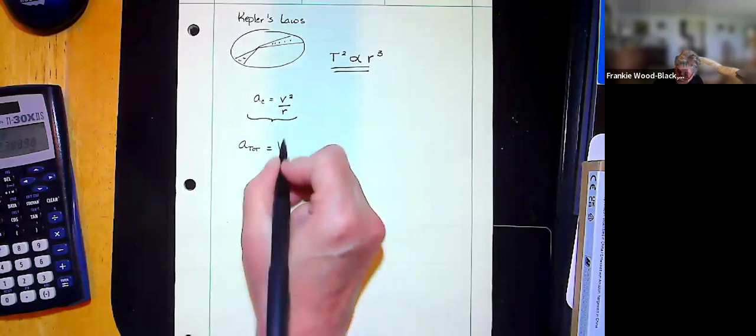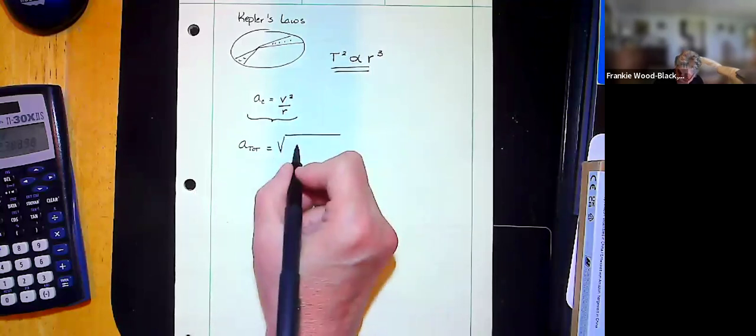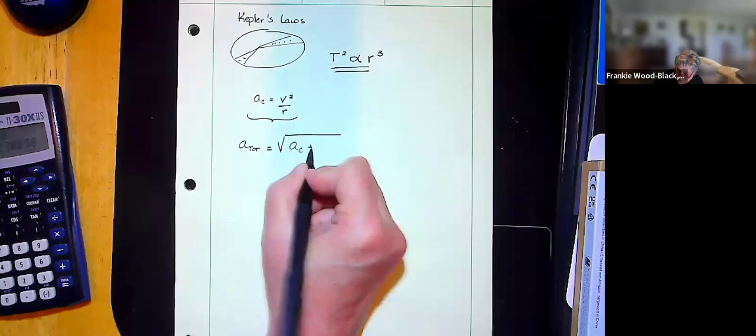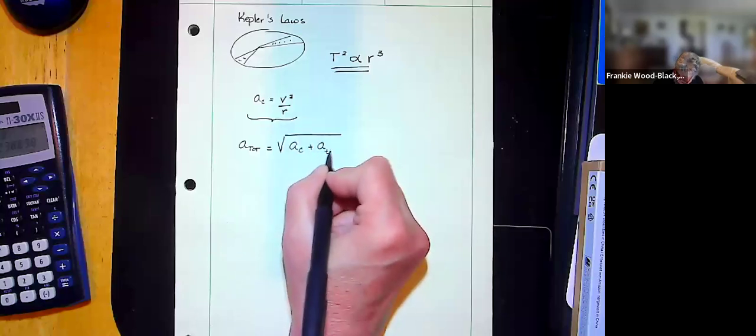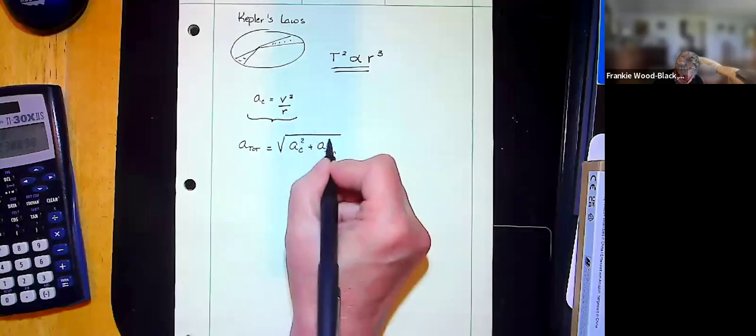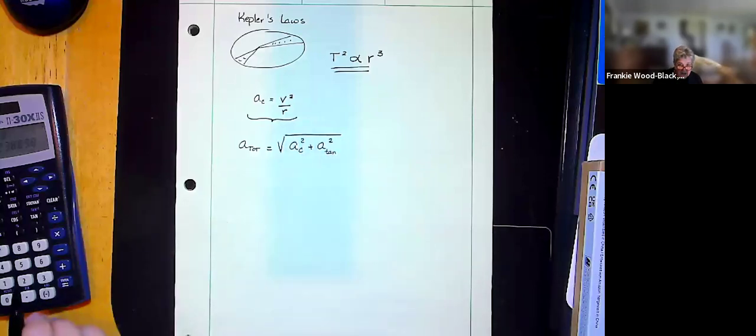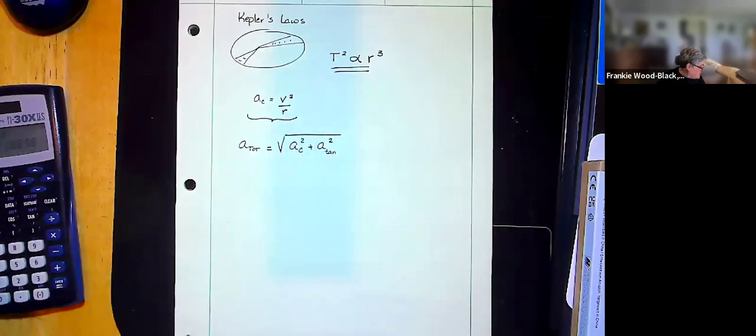So my total acceleration is going to be related to the two components, my centripetal acceleration plus my tangential acceleration squared, because we've got a vector that's pulling things in.